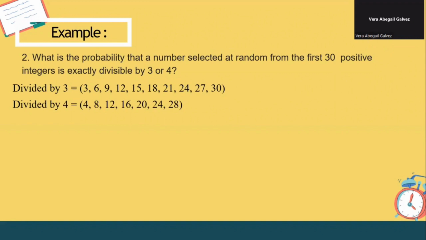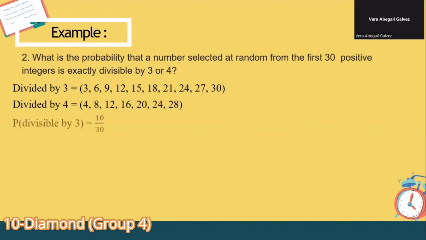To find the probability of selecting a positive integer divisible by 3 or divisible by 4, we are going to find the probability of selecting a positive integer divisible by 3 first, and that is 10 over 30, since there are 10 possible outcomes in the first 30 positive integers.